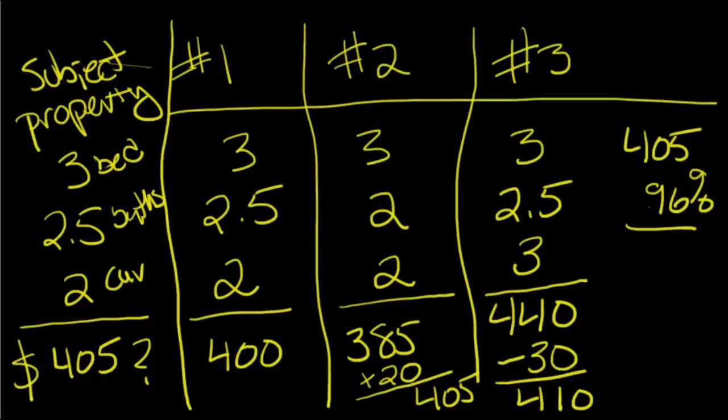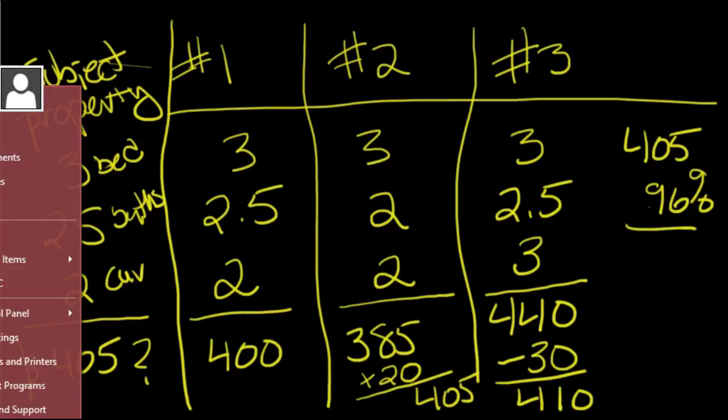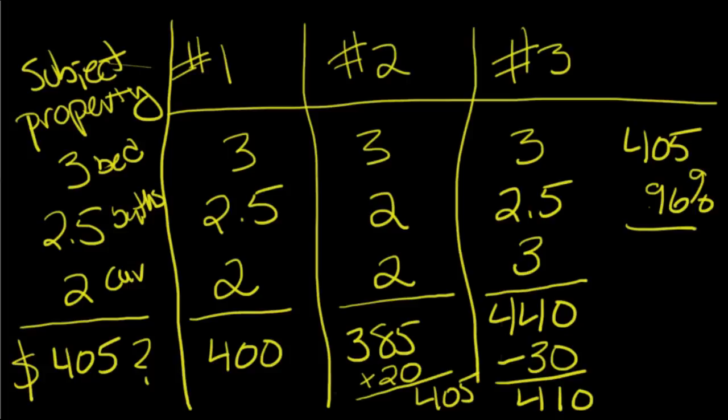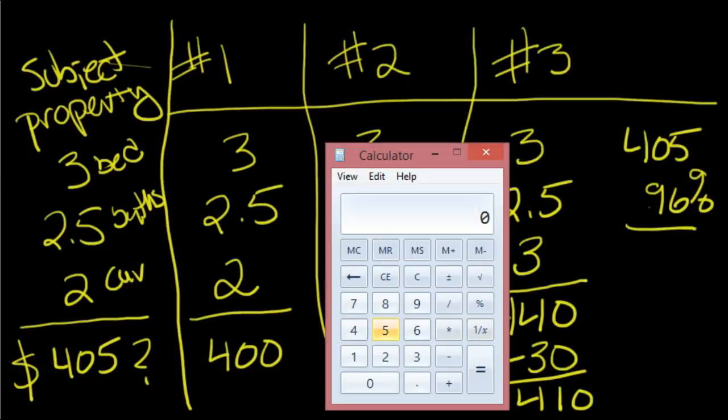So I have a calculator right here. We'll pop it up real quick. I'd go 405. That's what I think I should get for the house. If I just divide that by 0.96, that should get my listing price. There it is right there.